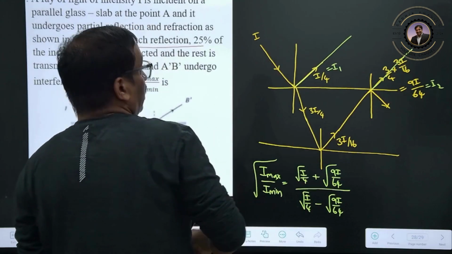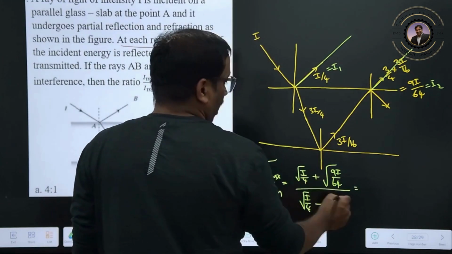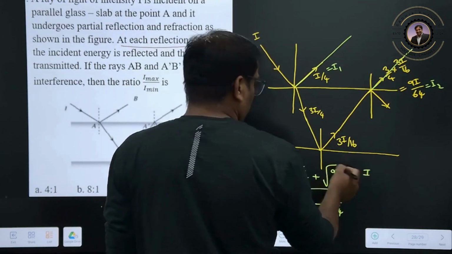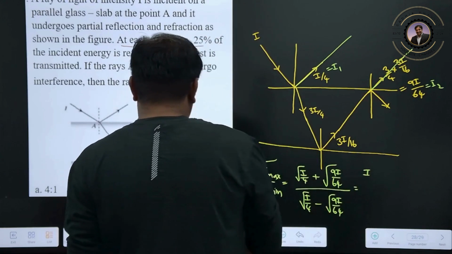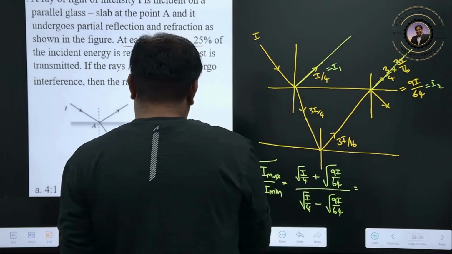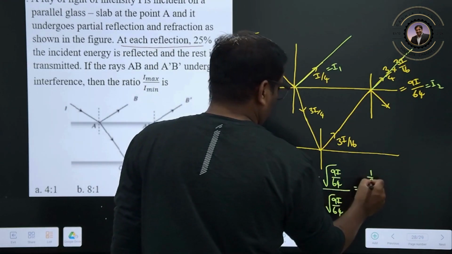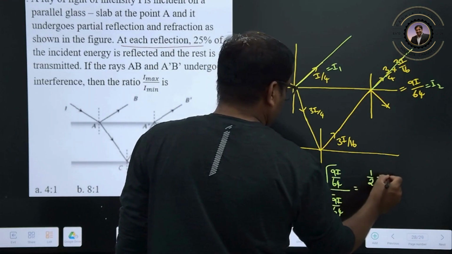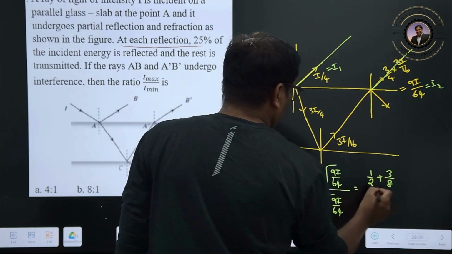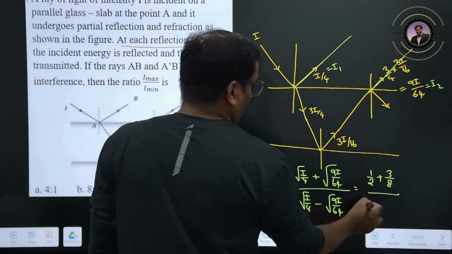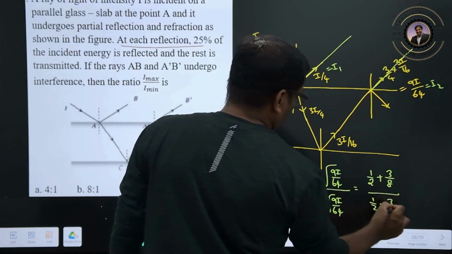Then what will you get? Root I can cancel out. Then you get 1 by 2 plus 3 by 8 divided by 1 by 2 minus 3 by 8.